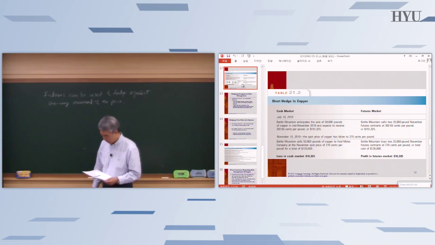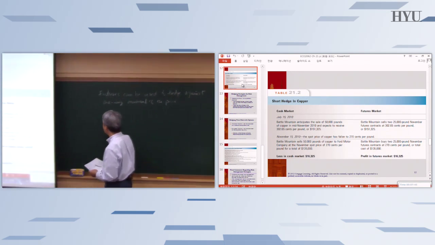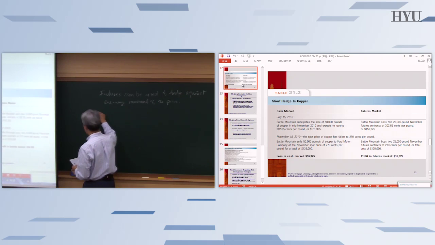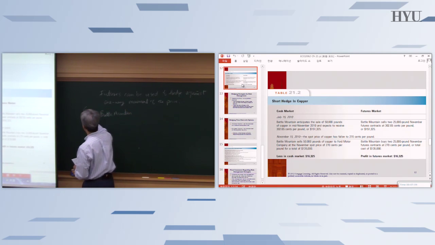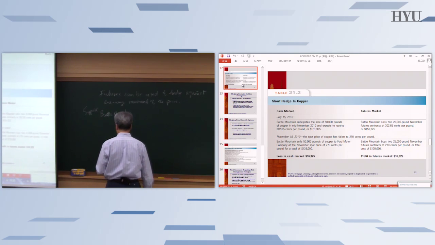And let's say in this example, suppose Battle Mountain purchased November put.